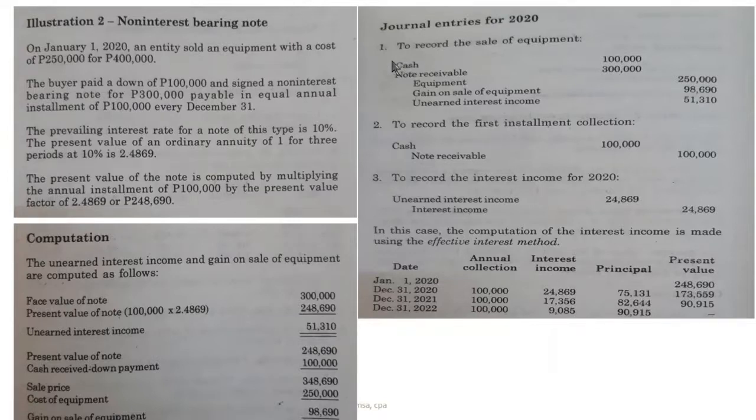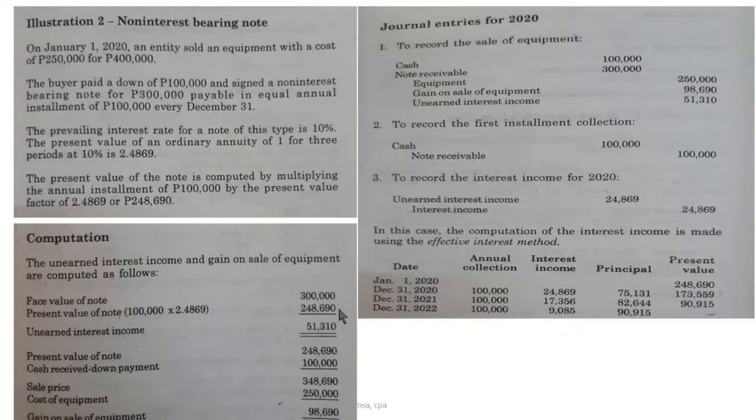Okay, so di ba debit is what we receive. What did we give in return? So, unsa man tong gihatag? We give up the equipment, which is 250,000. This is the cost. And i-credit na to ang unearned interest income. Di ba gi-compute man to siya? 51,310.